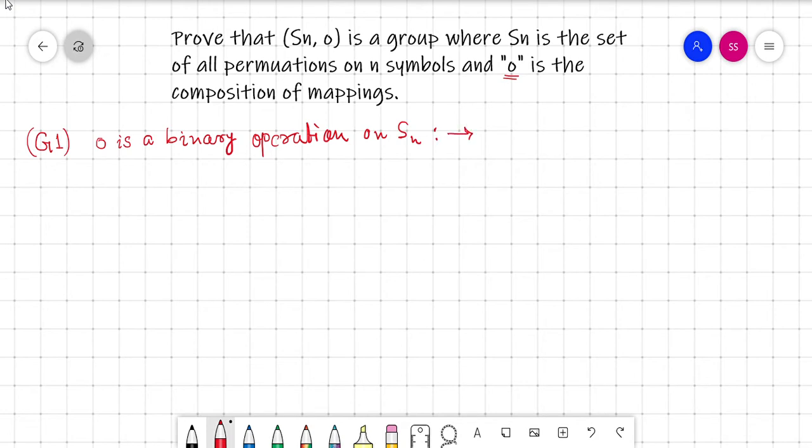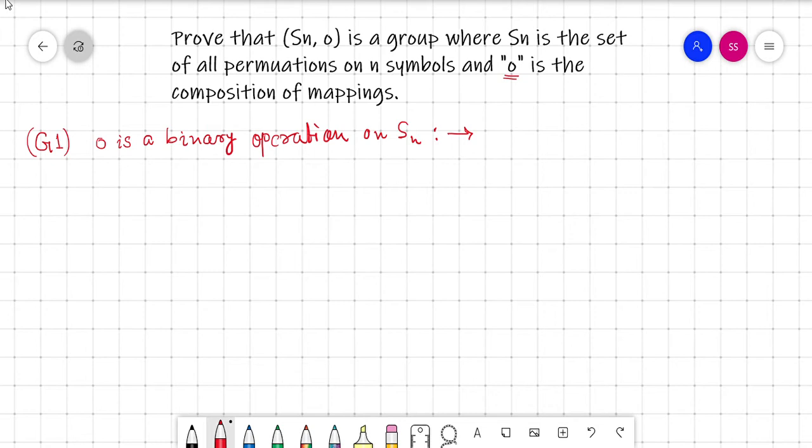So actually we have to show the closure of this composition in this set Sn. We take 2 elements of Sn and show that their composition is again an element of Sn.